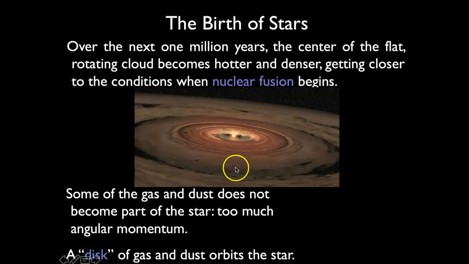So you've got this disk of material, this disk of gas and dust orbiting around the protostar. Why does it stay in orbit? Well, why does anything stay in orbit? Because it's going fast enough. So you have a differentiation where the slow stuff falls in and the fast stuff stays in orbit.